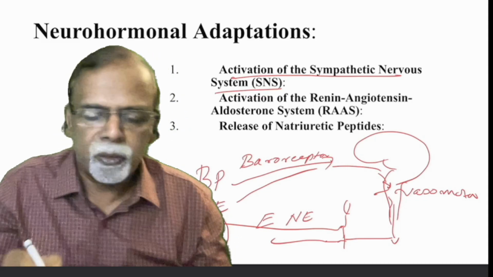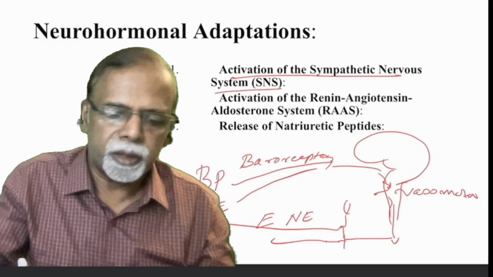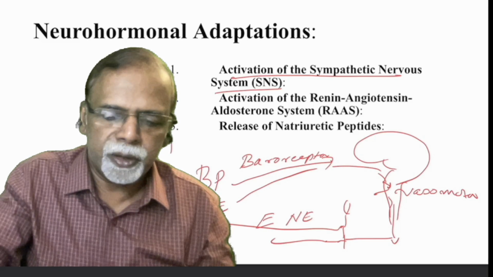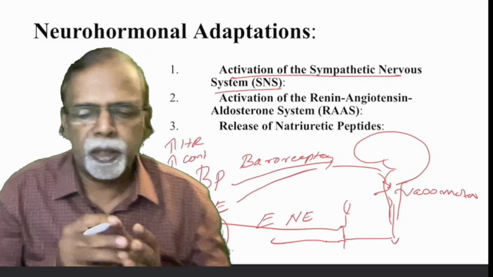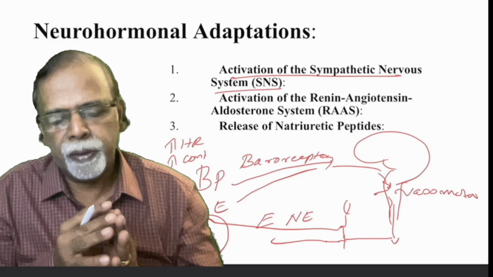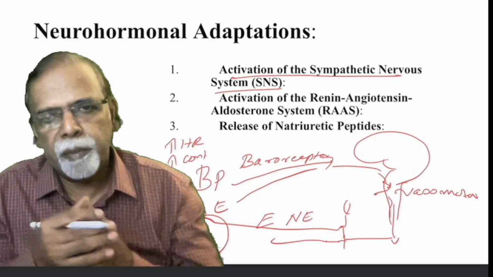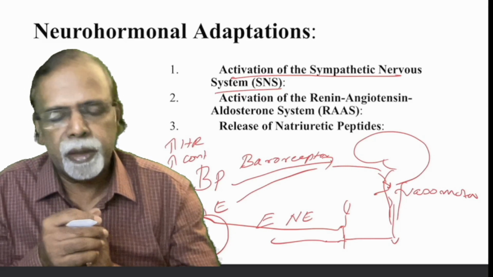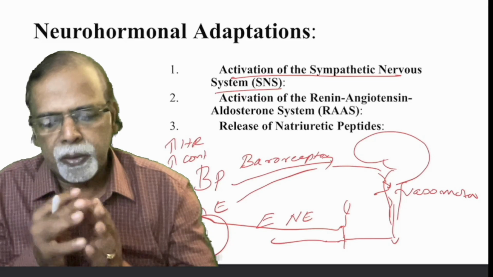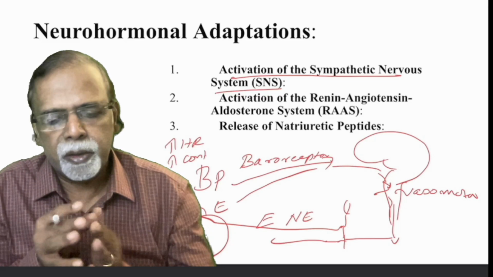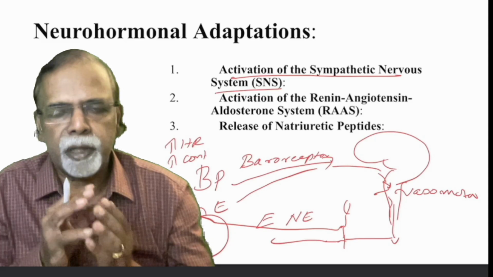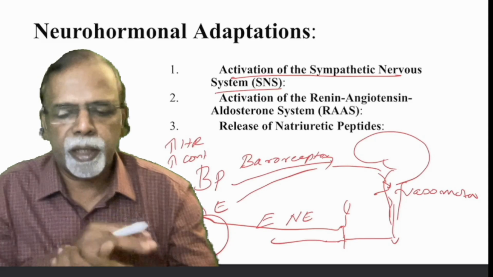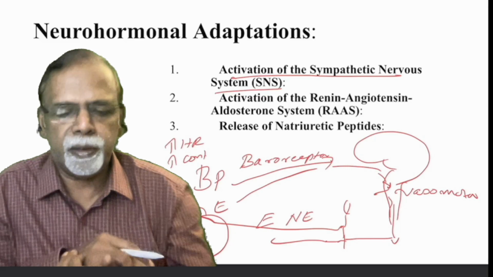Release of these hormones will act on the heart, and this will produce increase in the heart rate, increased contraction, and this will help in maintaining the blood pressure and improving the cardiac output. So neural support, especially the activation of the sympathetic nervous system, is a fundamental compensatory mechanism that is occurring in heart failure.